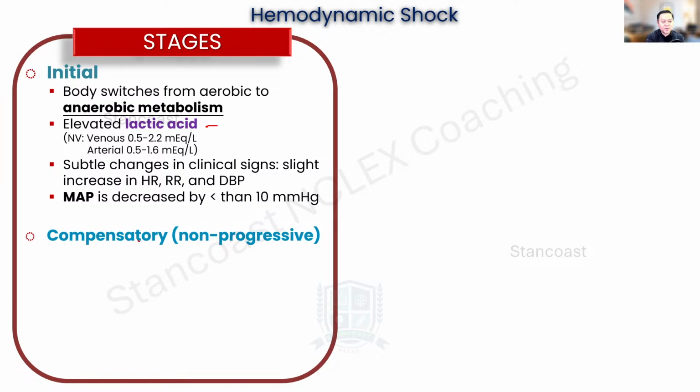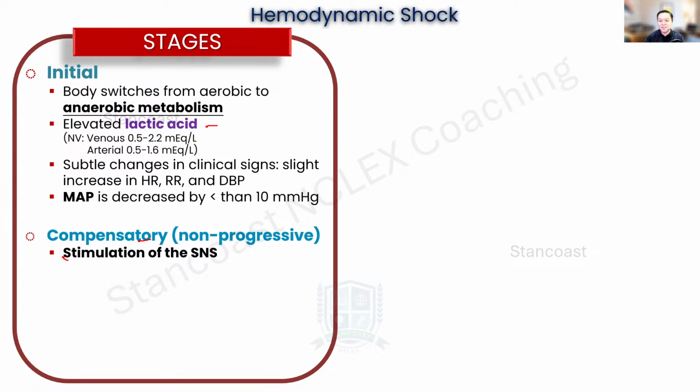Now let's talk about the second stage, which is the compensatory stage, also known as the non-progressive stage. So what is this compensatory stage? Here the body will activate compensatory mechanisms in order to maintain blood flow to the vital organs. One of the compensatory mechanisms will be the stimulation of the sympathetic nervous system.